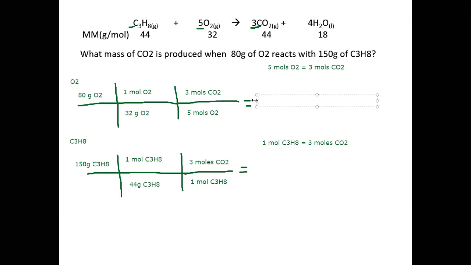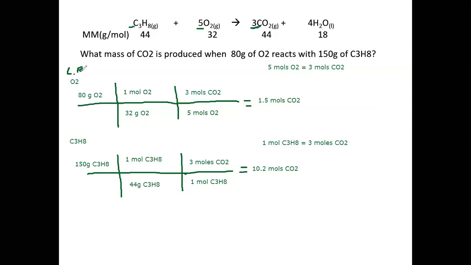So now we can see which one produced the fewer moles of product. This is 1.5. So here you'll see that oxygen is the limiting reactant because it produces fewer moles of product.